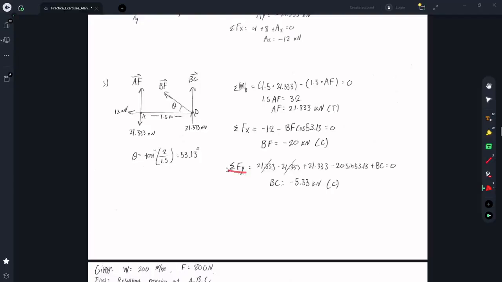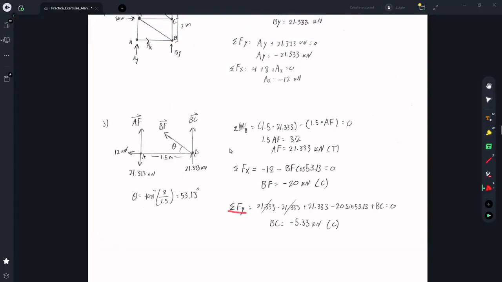So finally, I summed the forces in the y direction, and that is this 21.333 down from Ay. There's 21.333 up from By, so those two cancel out. There is another 21.333, which is from AF.